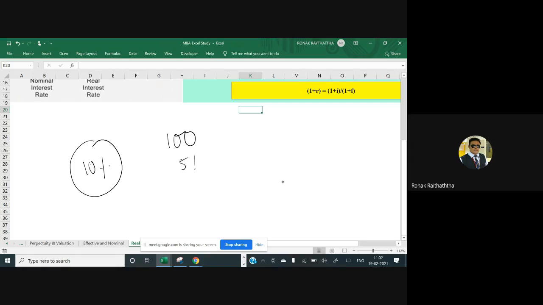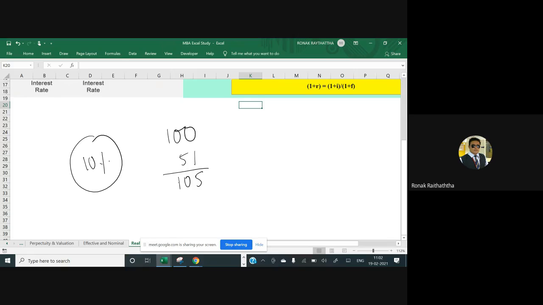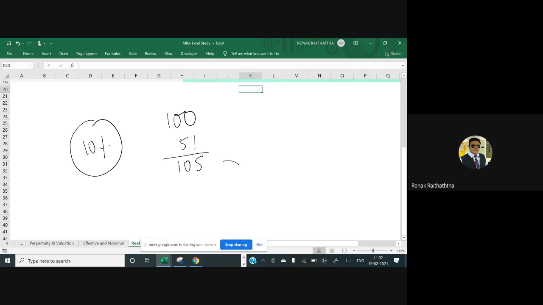So I get 5 rupees in the first 6 months and then there is 105 at the end of the first 6 months. Then again I get 5%, but on 105, because it's compounding. It's interest on interest, because our interest is reinvested. So on 105, we would be getting 5.25, right?